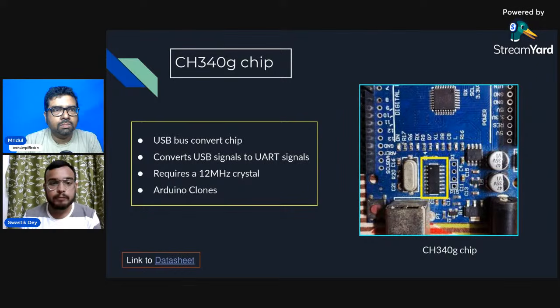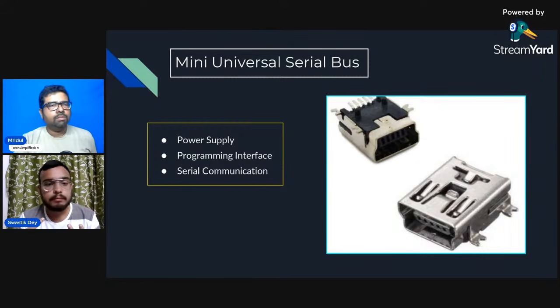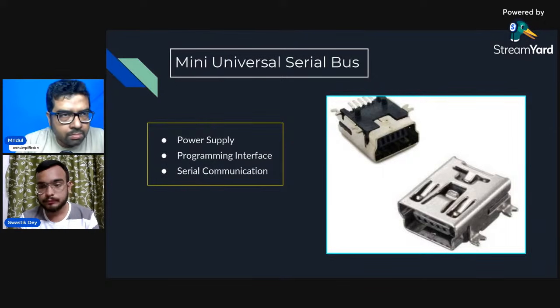If we move on to the next slide, the mini USB serial bus. This mini USB serial bus is an entry point for everything in our circuit, be it the power, data input or data output. Everything occurs from this mini USB serial bus.